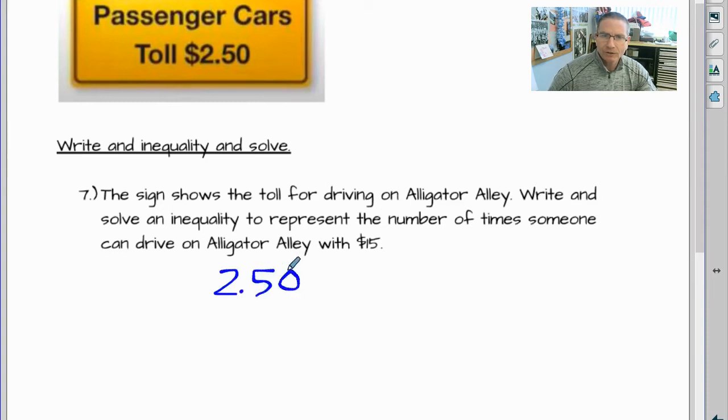I guess I'll use T for the number of trips. Now, normally we would say equals 15 to figure it out, but for this one, we don't have more than $15.